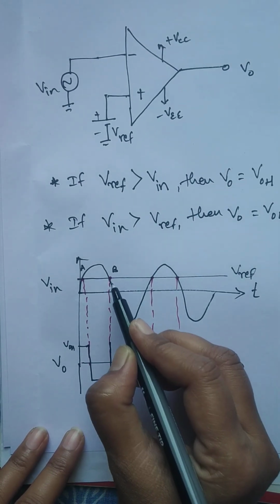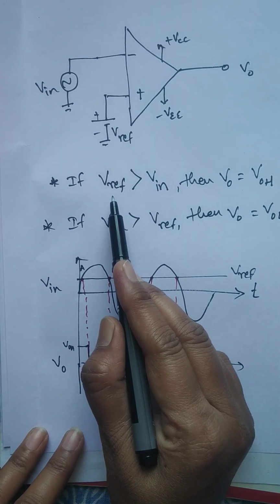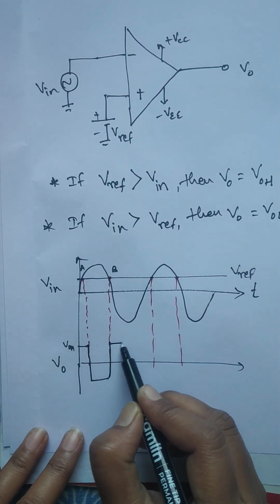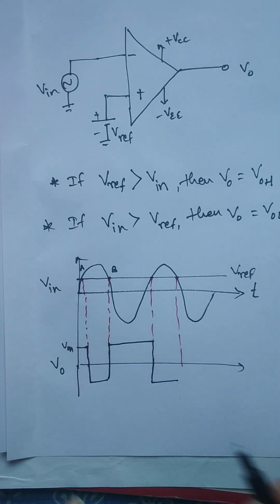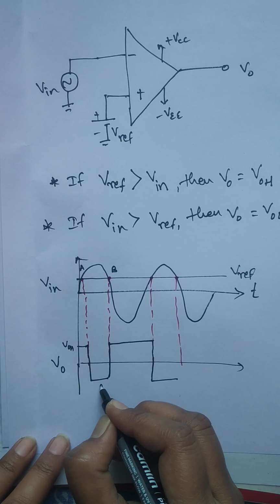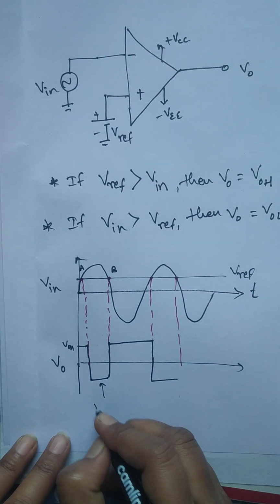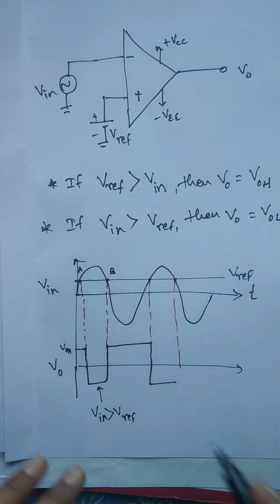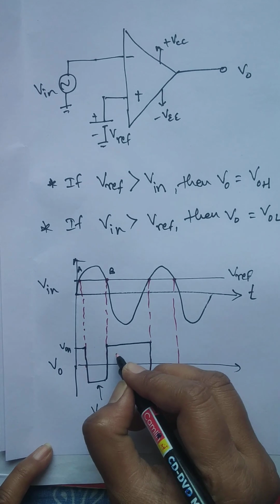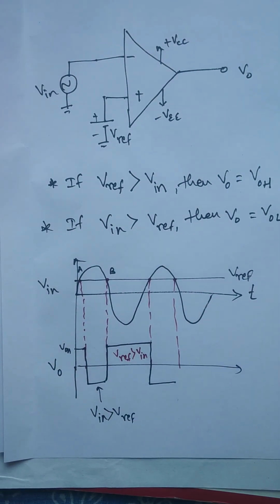Again, after point B, V reference is greater, so output will be VOH, and these same steps will repeat. So I can write here, it is VOL when V in is greater than V reference, and it is VOH when V reference is greater than V in. You have to write all these things in your waveform.